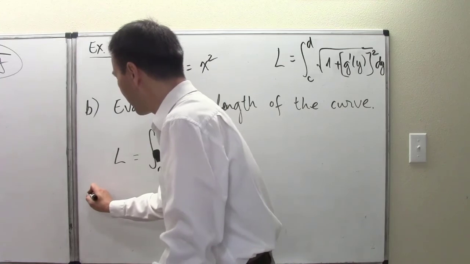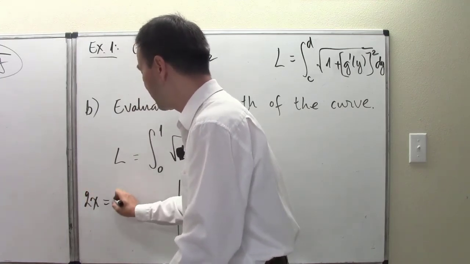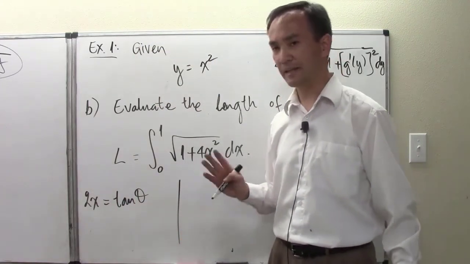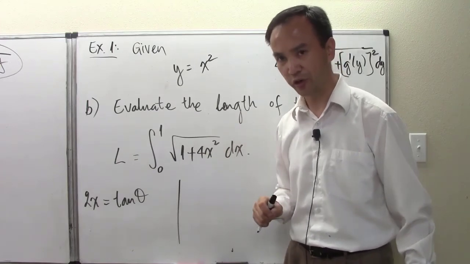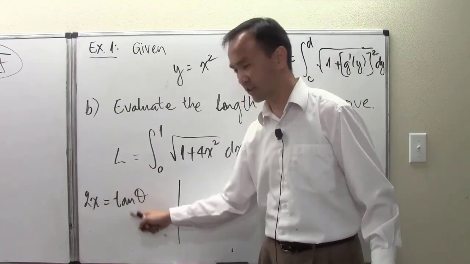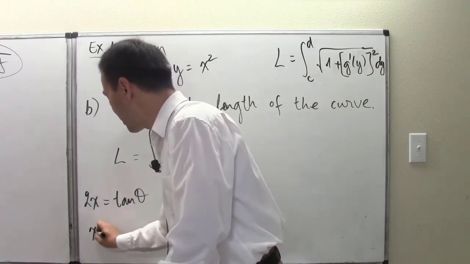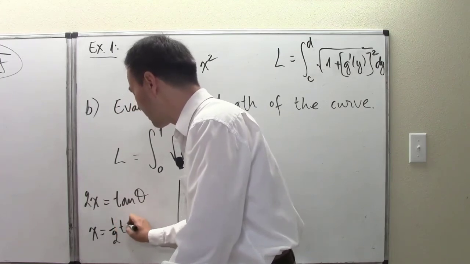Here I'm going to substitute 2x for tangent of theta. All of that theory goes back to the formal lessons about trig substitution. So 2x is substituted by tangent of theta, and in that way x is a function of theta. Now x is 1/2 times tangent of theta.